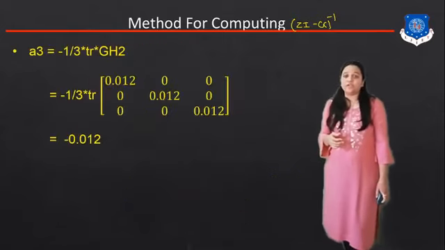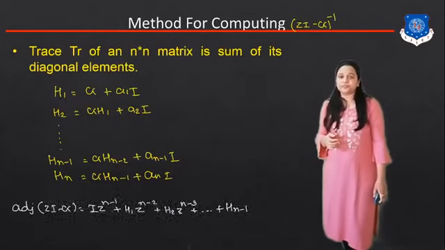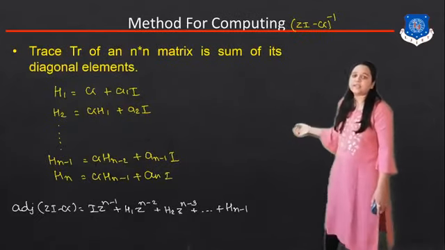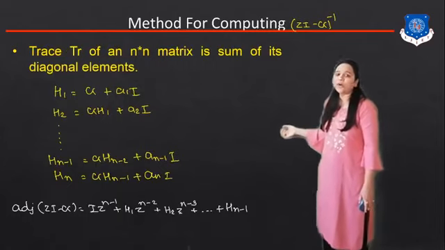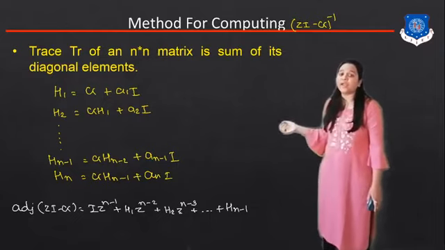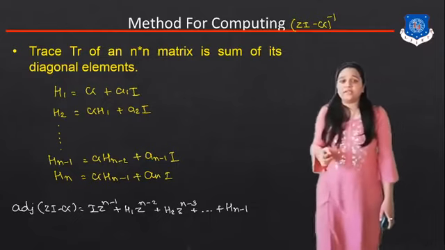So what is the equation of adjoint of ZI minus Z? Here you can see that adjoint of ZI minus Z is equal to I into Z^(n-1) plus H1 Z^(n-2) up to H(n-1). Here our maximum value of H is 2.